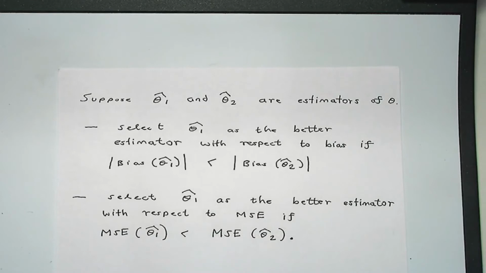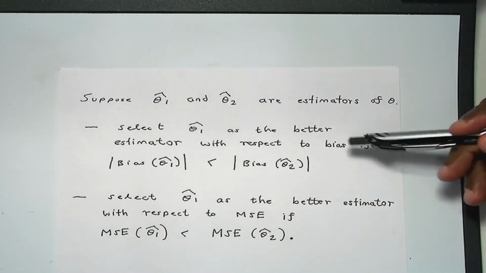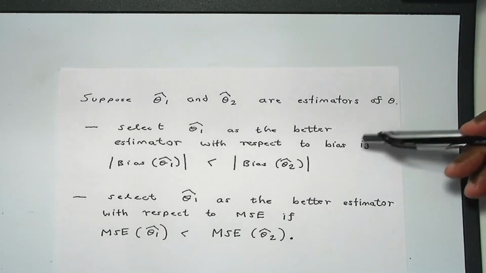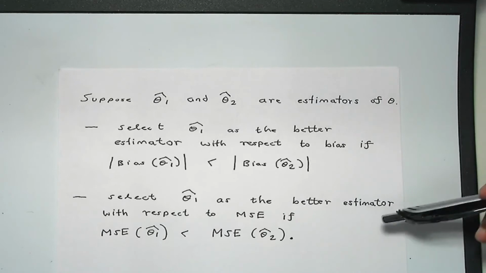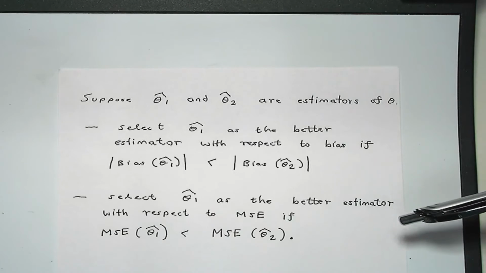Okay? Alright, so the better estimate may be different with respect to the two different criteria. So for example, it could be that theta 1 hat is the better estimator with respect to bias, and theta 2 hat is the better estimate with respect to MSE, right? Right, so they need not be the same estimator, right?